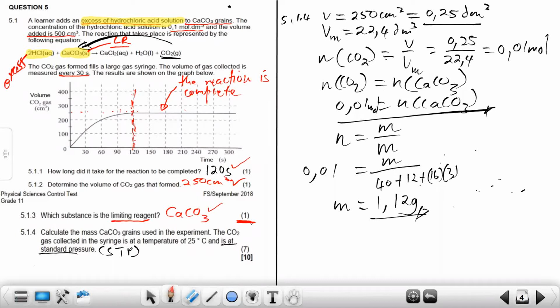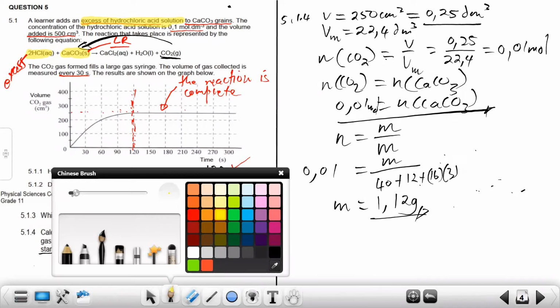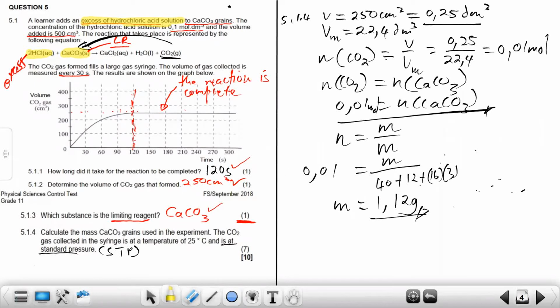Fine. Now calculating for 5.1.4, let's read the question again and highlight a few things. It says calculate the mass of calcium carbonate grains. So we are calculating the mass. The carbon dioxide gas collected in the syringe is collected at a temperature of 25 and is at standard pressure. So the conditions of STP, we said we want our temperature to be at 25 degrees.